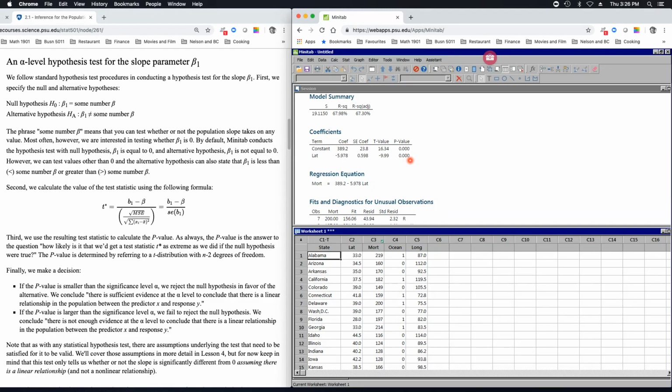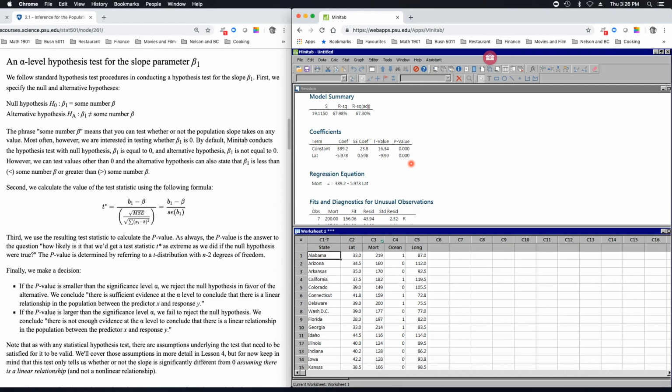And then finally, we make our decision by comparing that p-value with the significance level of the test. Let's suppose that our significance level is 0.05, which is the usual significance level used in tests of this nature. Because the p-value 0.000 is less than the significance level 0.05, we reject the null hypothesis in favor of the alternative.